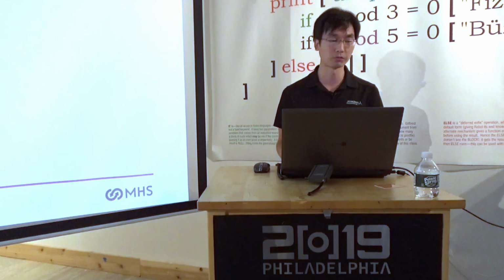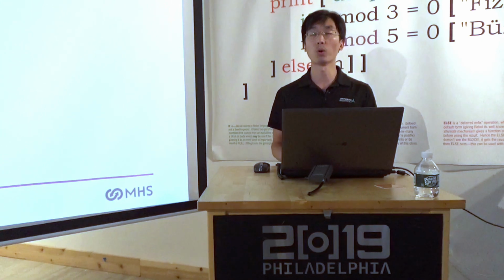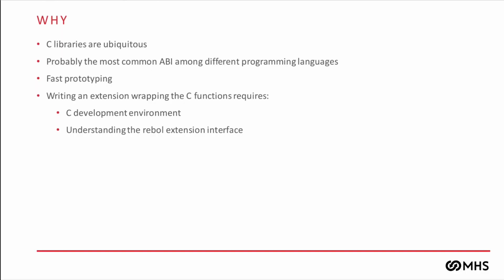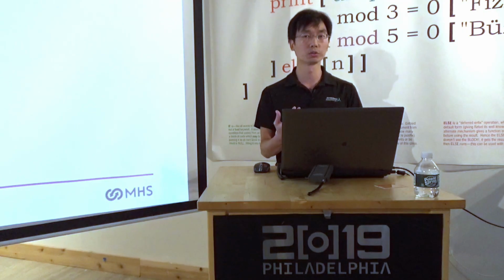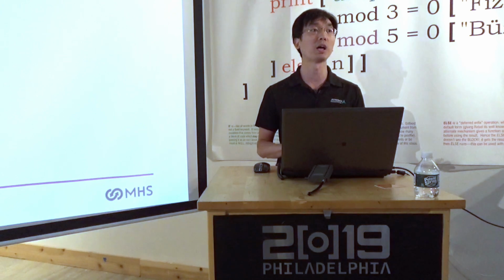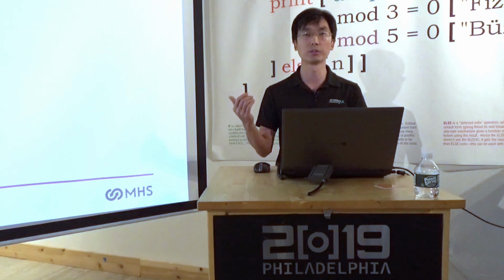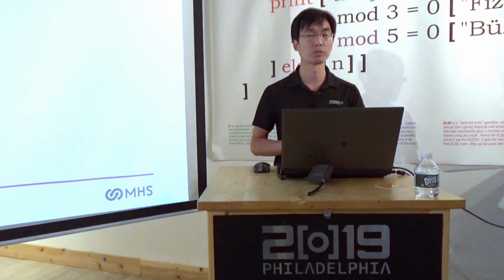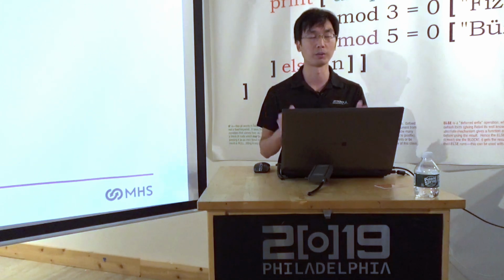Another reason is that one advantage of the Rebol language is that you can very quickly write a script, get it done, and throw it away. Same thing, if you want to use a function from some C library, you can just use this FFI to call that function and get your thing done, and you can forget about it.